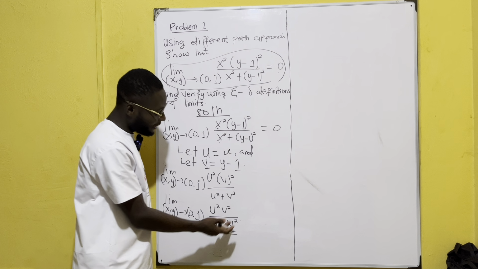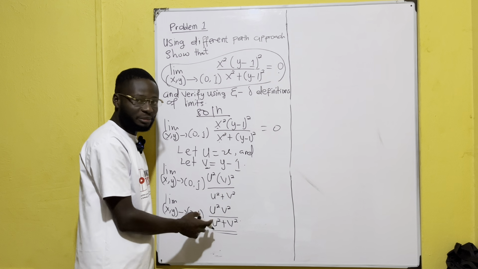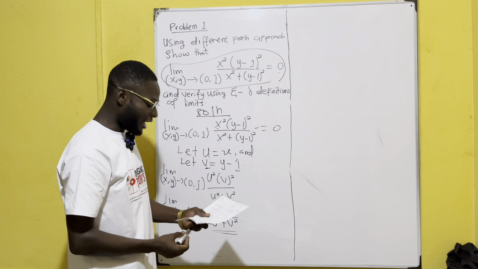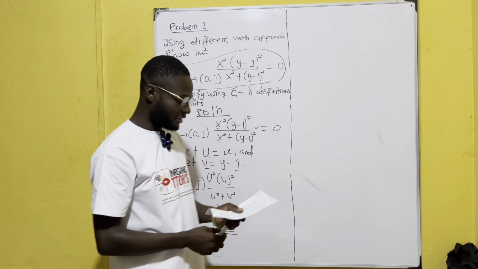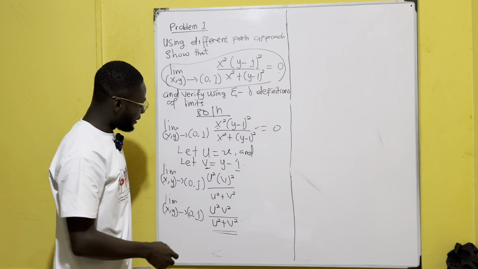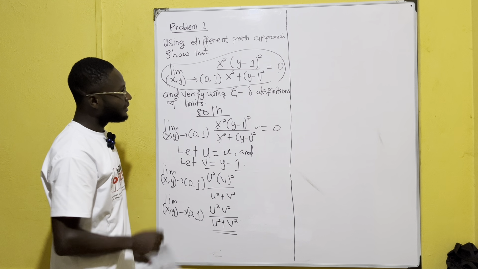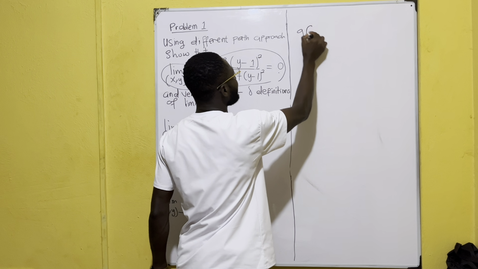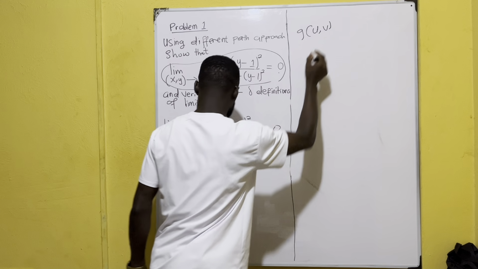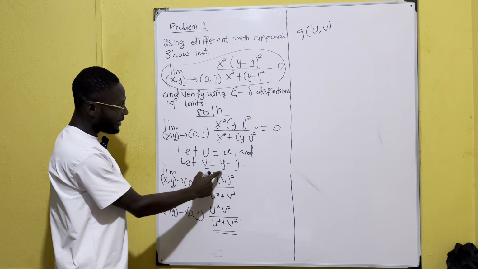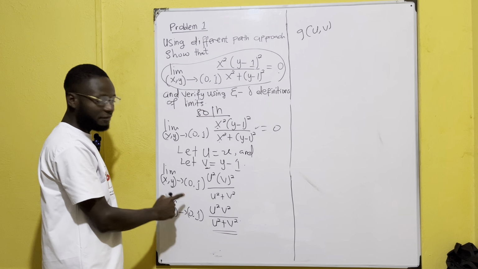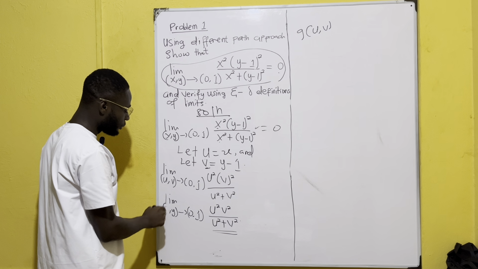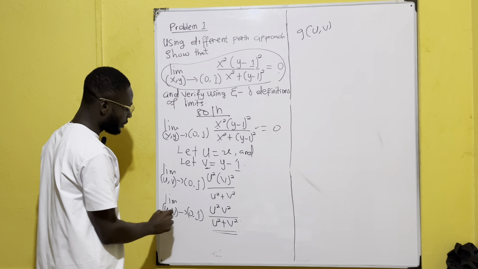You see, now this expression is quite simpler than having something of this sort, right? So now, as we have that, let's say that we have j of (u, v). Because we changed the x and y to u and v, we try to change this part to u and v as well, right?